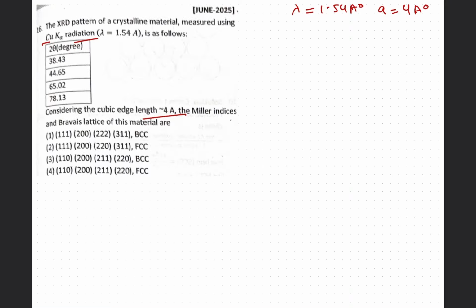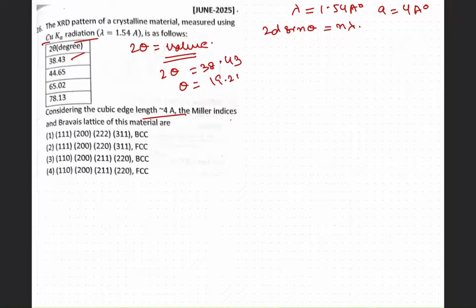This is basically a numerical type question, lengthy. They have given 2 theta values. We know that Bragg's law is 2d sin theta equal to n lambda, right? So here 2 theta is given for the first as 38.43, theta will be divided by 2, it will be 19.215.